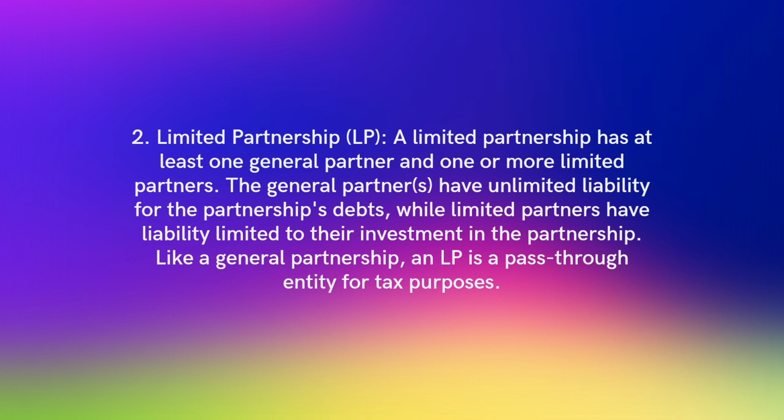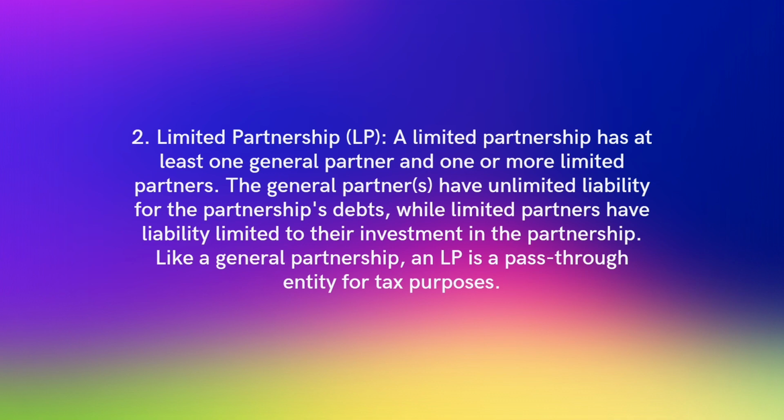So as already discussed, a partnership does not pay taxes at its level. It passes on the income to its individual partners or entities who report this income in their individual return and pay taxes on it. So a partnership is a pass-through entity. In a limited partnership, there is one general partner and there can be one or more limited partners.